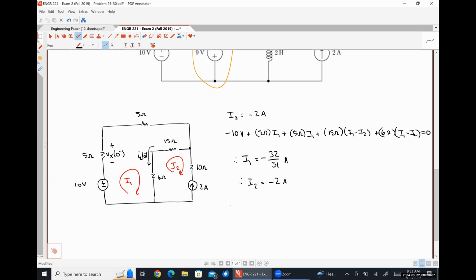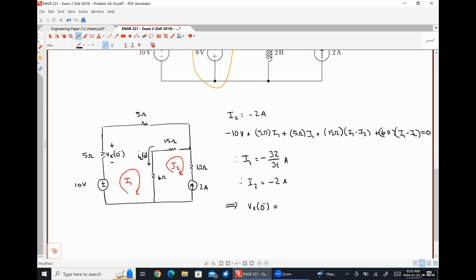So using this information, what would be Vx at 0 minus? I1 times 5 ohms? Anything you want to correct? Negative I1 times 5 ohms. Why is it negative, Camden?